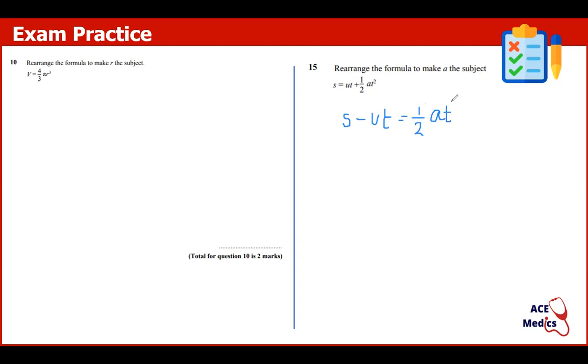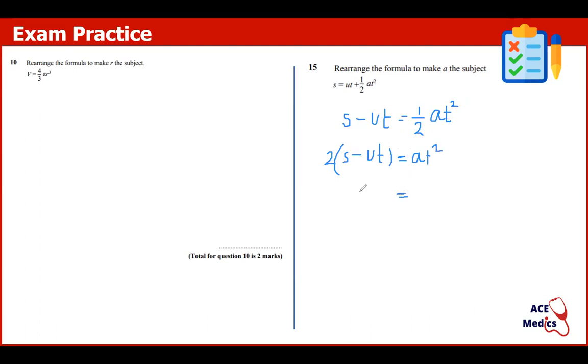AT squared. Now the next thing we want to probably do is divide everything by a half, or multiply by 2 to get rid of the fraction. So multiply everything by 2 makes it slightly easier. So 2 brackets S minus UT equals AT squared.